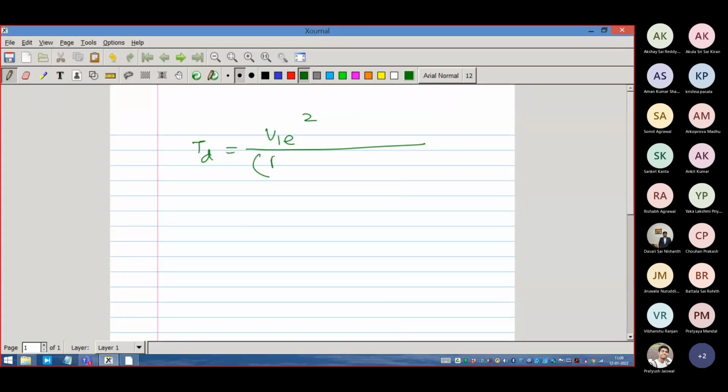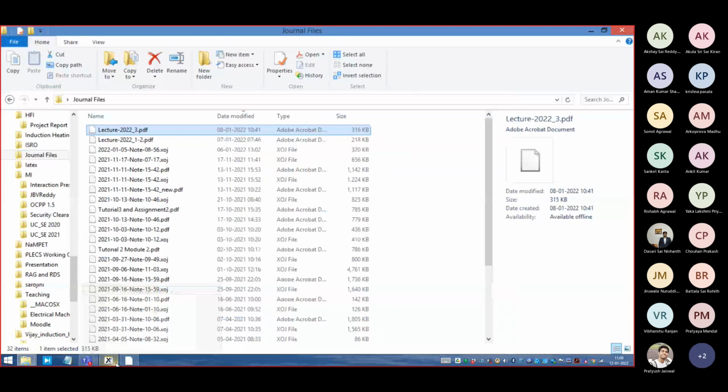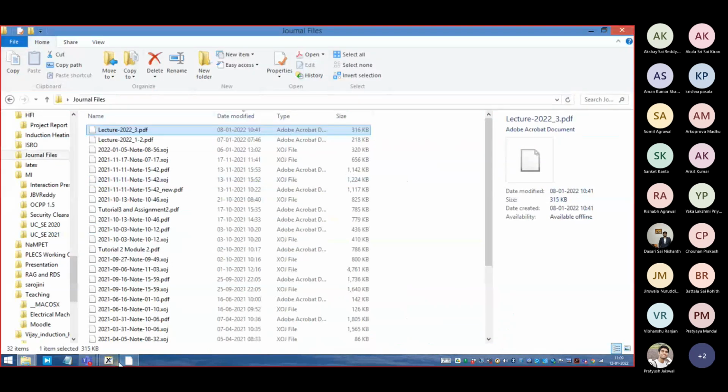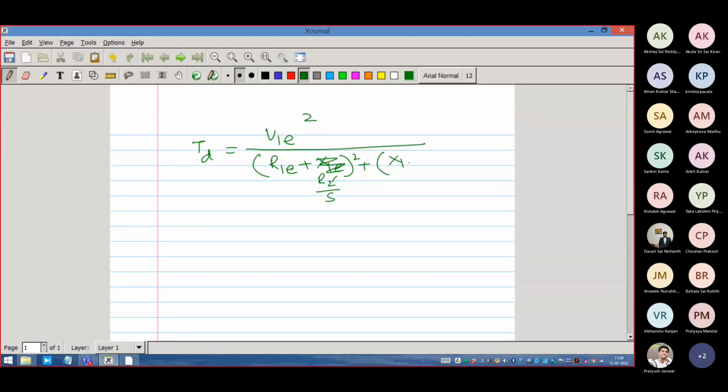Here I am writing the current as (R1e plus R2 dash by S) square plus (X1e plus X2 dash) square. This is I square, right? Here, into R2 dash by S is the power, divided by, we know that, omega sync, right?